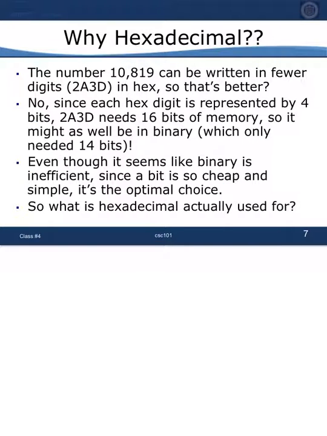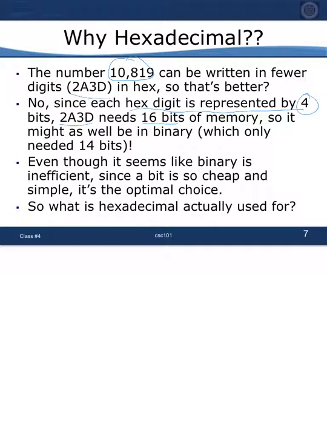Okay, so if that's the case, then what am I really looking at here? Let's come back to our original question, right? I had this number in our world, 10,819. And it's true, I can express or represent that in fewer hex digits. However, if I want to actually store this, each hex digit, as we just discussed, needs 4 bits. Oh, so to store 4 hex digits, like we were trying to do with this number, I would actually need 4 times 4, or 16, bits of memory.